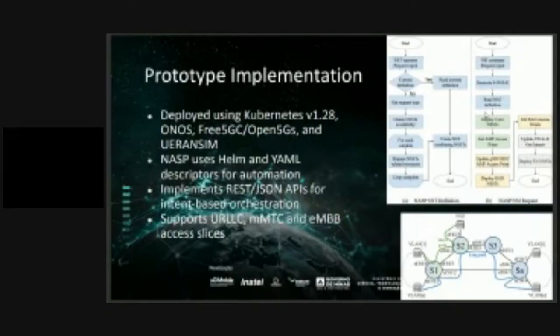It depends on the numerology for the resource allocation of the RAN. The platform is flexible to configure the different options for the RAN, the transport, and the core. We can change one core for another core. The platform is flexible to change the different options.